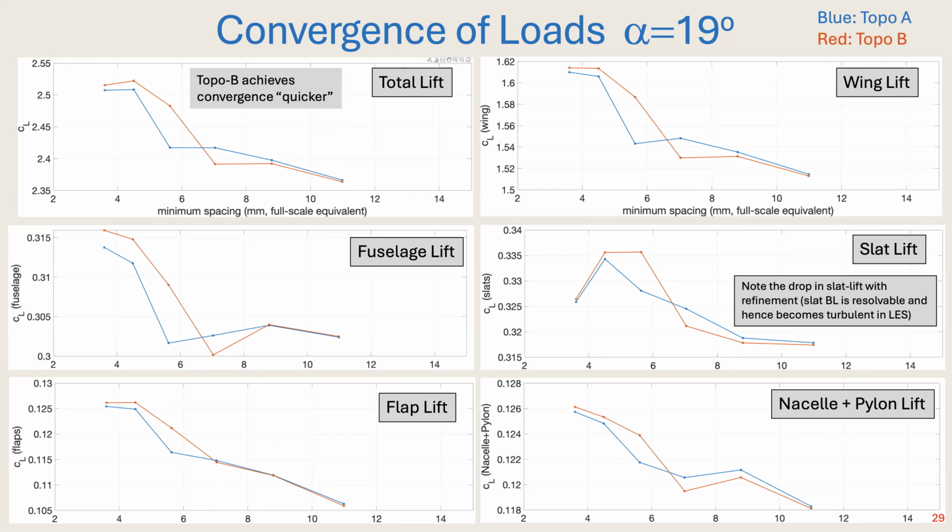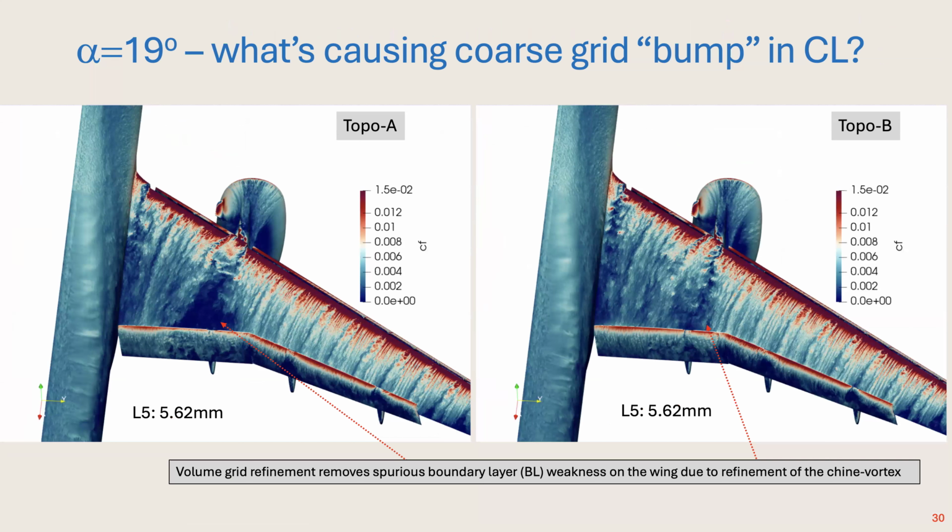than ours. And this also shows what's causing the bump on the 5 millimeter resolution in the CL.